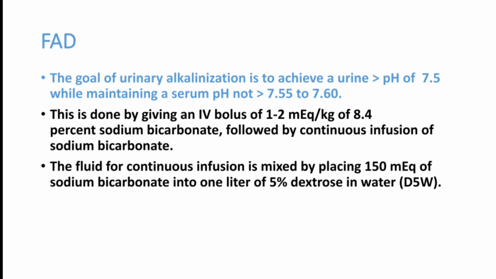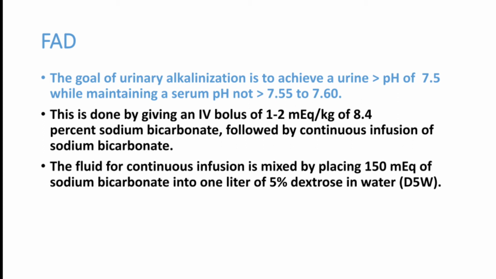This forced alkaline diuresis is done by giving an IV bolus of 1 to 2 milliequivalents per kg of 8.4% sodium bicarbonate, followed by continuous infusion of sodium bicarbonate. Sodium bicarbonate is given along with fluid.